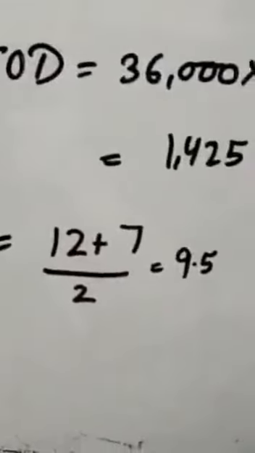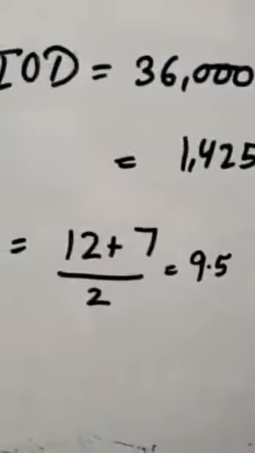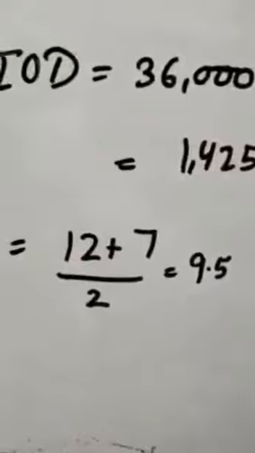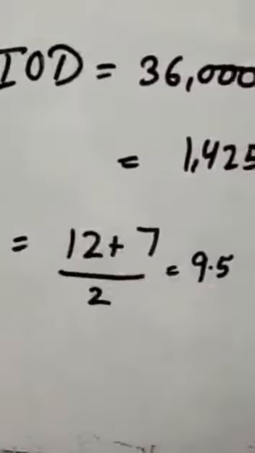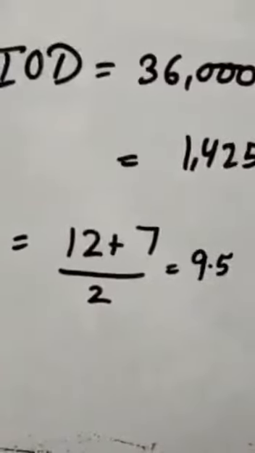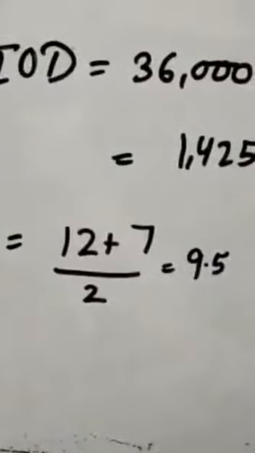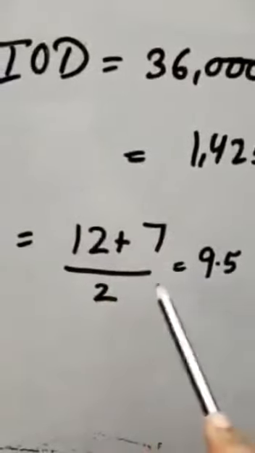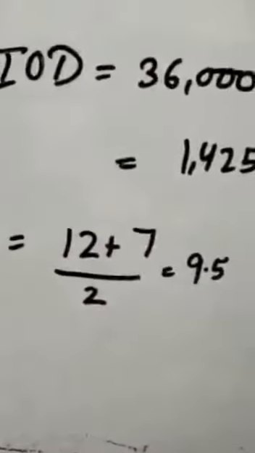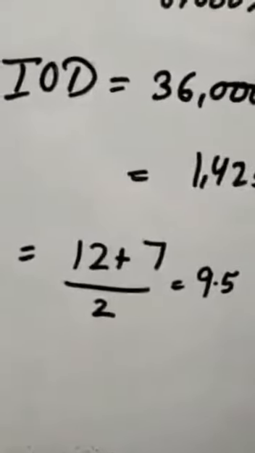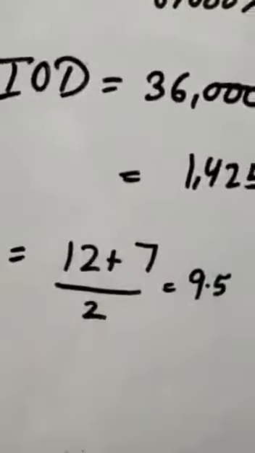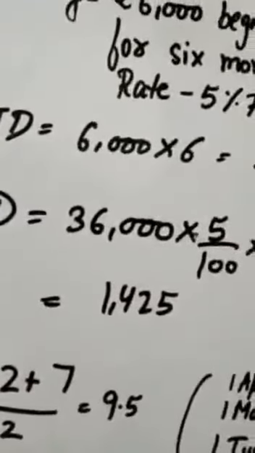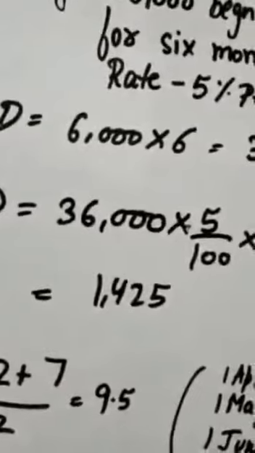This is how he is withdrawing for 6 months. So how many months left for closing of books? Total 12 months for the first. Last withdrawal is made on 1st September. How many months left for closing of books? 7 months. Okay? 12 plus 7 divided by 2 will give you 9.5. Your average period will be 9.5. Answer is 1425. This may be the situation also when our partner is withdrawing for 6 continuous months.